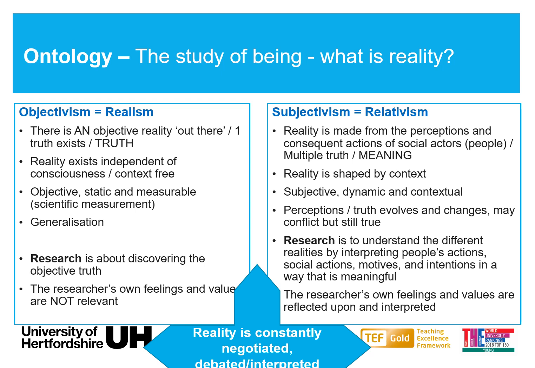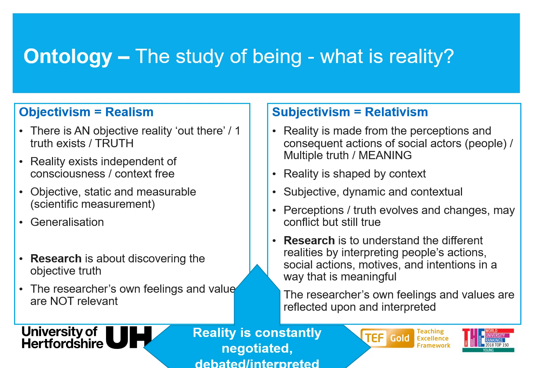While subjectivism or relativism is quite the opposite. It considers realities to be made from perceptions or consequent actions of social actors in a particular social phenomenon or in a particular social context. So there's not only one truth, and they are not actually looking for truth, they are looking for meanings.